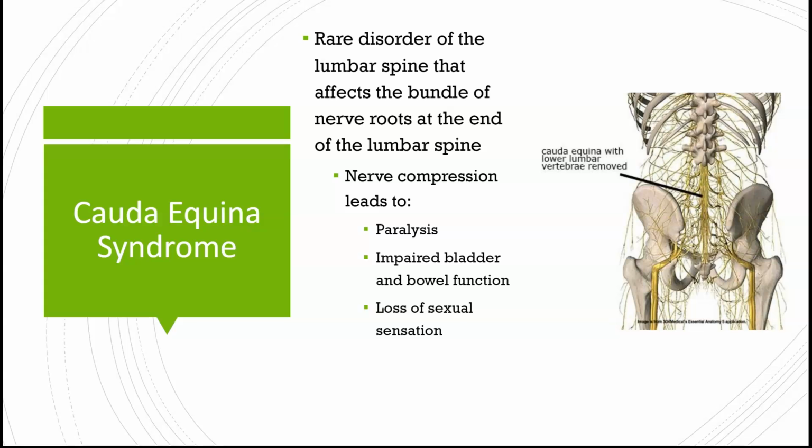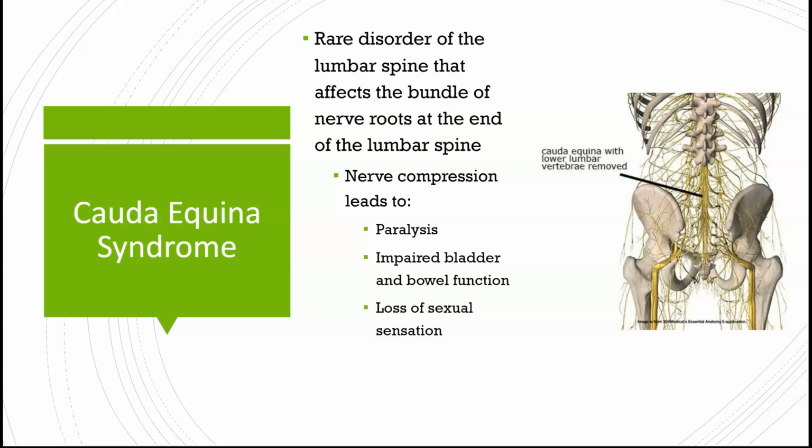Cauda equina syndrome is one of those weird, interesting little tidbits that you can find every once in a while. My dad works with somebody who has Cauda equina syndrome. Basically, your spinal cord as we know it ends around T12, and then when it comes through the lumbar region, it starts to create this horse tail.